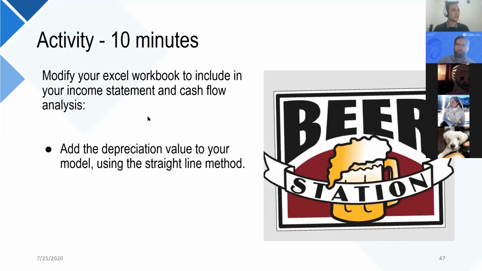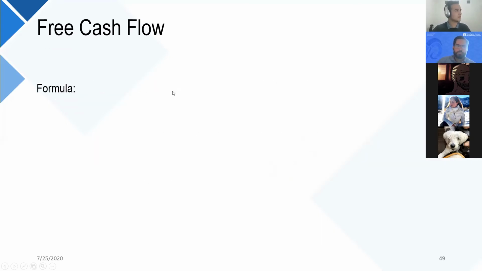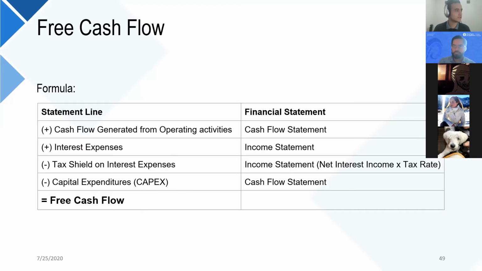Now, what is the next thing we need to see? Now we're going to see free cash flow. What is the difference between free cash flow and cash flow? It's a small change in the calculation, mostly because of the usage of that analysis for corporate finance. Free cash flow is the money generated by the company expected to be used for operations only, so you take out interest expense and tax shield expense.